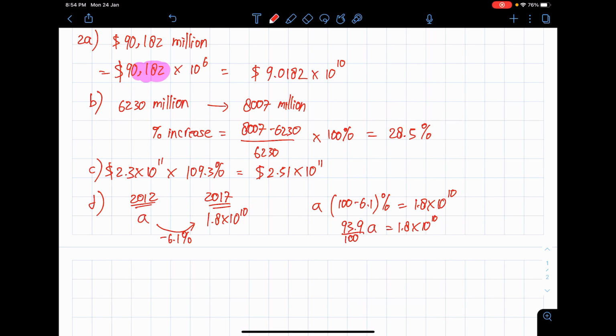To find out the value of A, you just need to divide by the 93.9 over 100 to the other side. Calculate it, and you're going to get 1.92 times 10 power of 10, corrected to 3SF as well. And that should be the end of the standard form question.